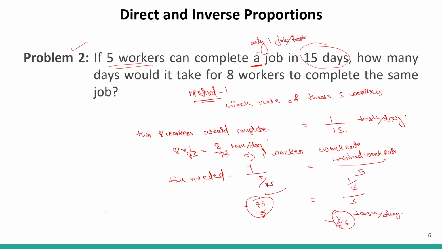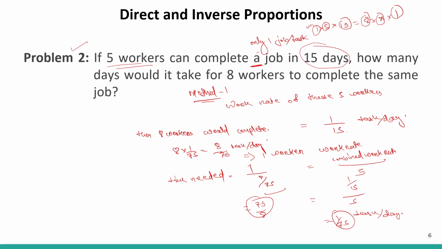Let's solve the same using the work time formula. The work time formula tells us that 5 into 15 is equal to 8 into x. They are solving the same job, the same task. The number of workers is 5 and the amount of time they need is 15. The number of workers is given here, the amount of time is not available.